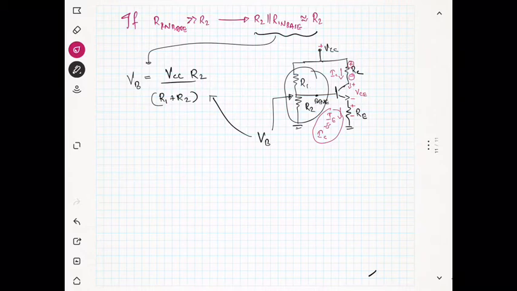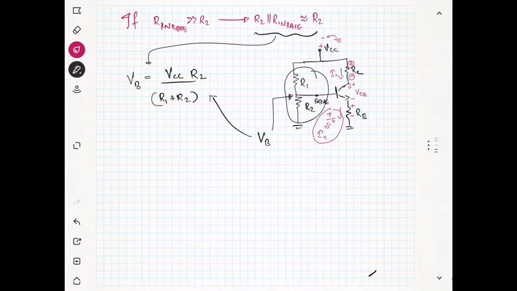Now we will write the Kirchhoff law. We have plus VCC, and you can assume the minus VCC is ground. We start from the ground and end up at the ground.